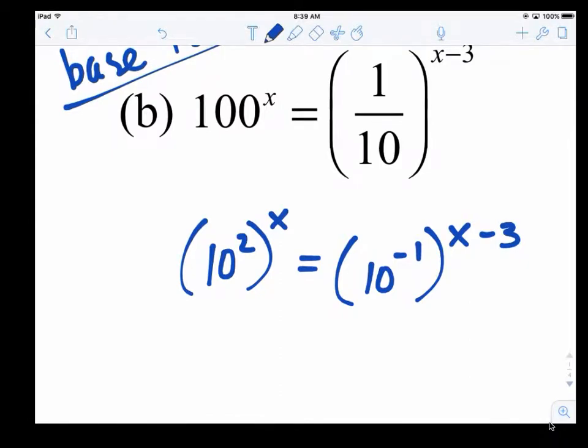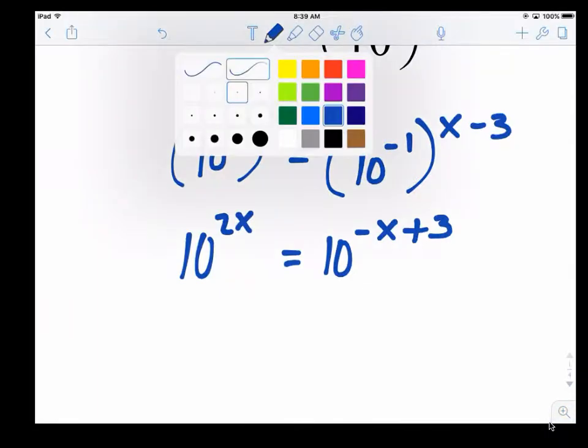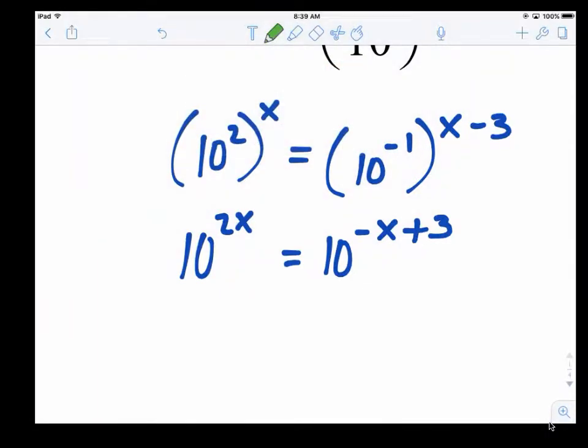Okay, now I want to simplify a little bit more. So 10 squared to the x, if I multiply those exponents together, gives me 10 to the 2x, and the other one gives me 10 to the negative x plus 3. Now that your bases are the same, what can I set equal to each other?